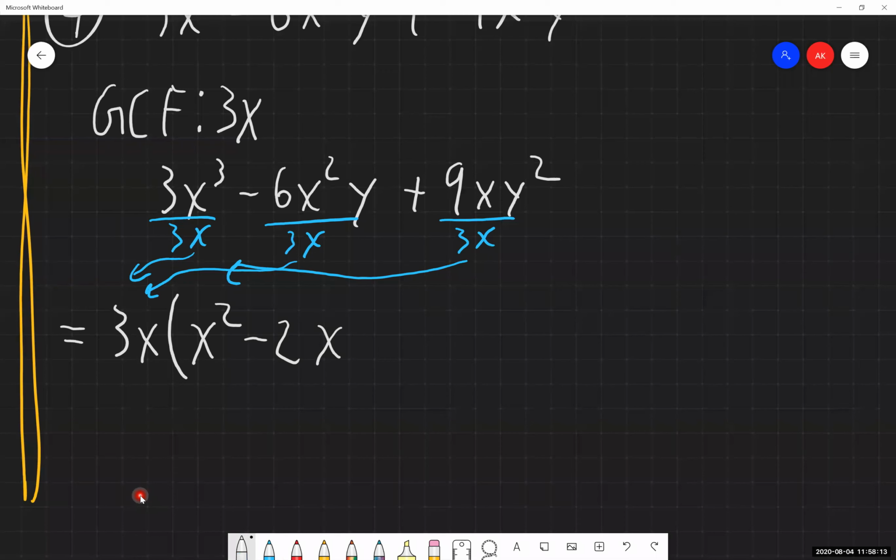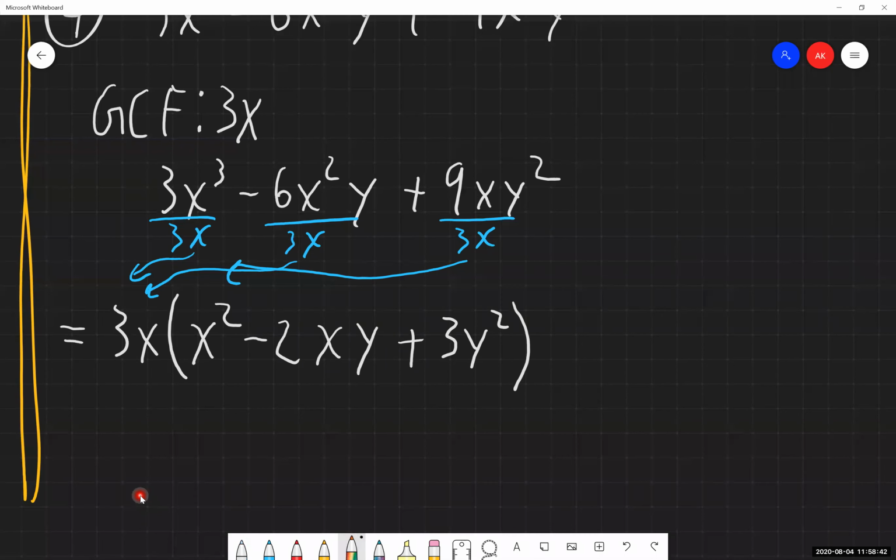And then nothing is happening to that y, so it's just along for the ride. Looking at the last term, I have 9xy squared divided by 3x. So 9 divided by 3 is going to give me 3. X divided by x is just going to give me 1, so those will cancel entirely. And then the y squared, nothing's happened to that, so I'm just going to leave it as y squared.